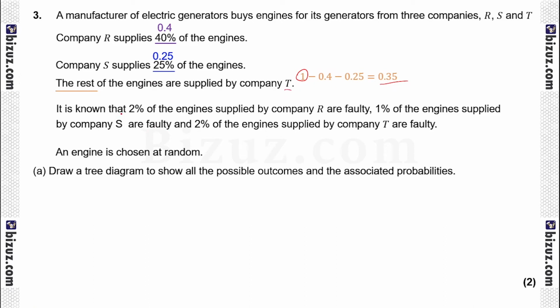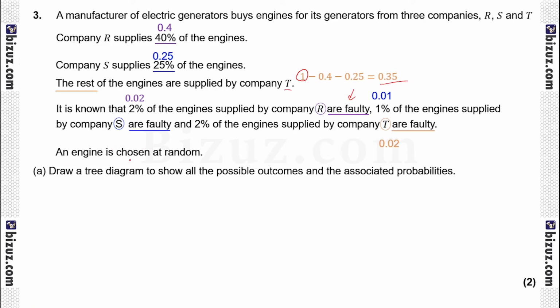You can see here. Now, it is known that 2% of the engines supplied by company R are faulty. So I'll highlight that here. 0.02 as a proportion or probability, you could say. So 2% of their supply is faulty. 1% of the supply of company S is faulty, and 2% of the engines supplied by company T are faulty.